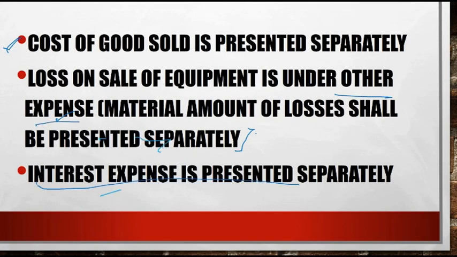Interest expense is presented separately. So, I will be showing you the totality using the first in revenue, gains, and total income of ABC Corporation I have presented a while ago.